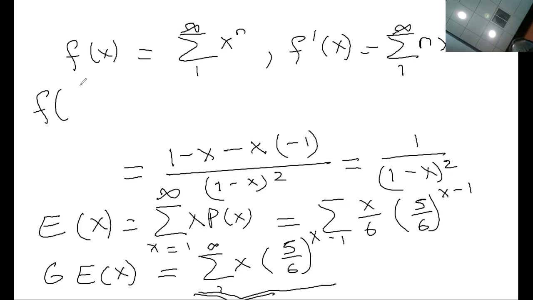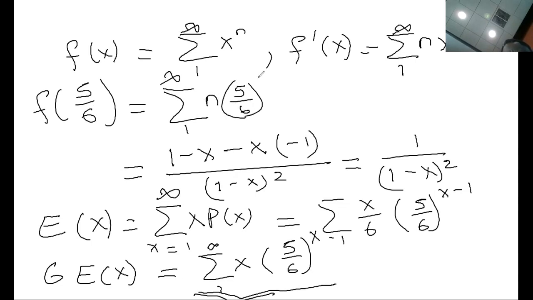So f prime of 5 over 6 is equal to the sum from 1 to infinity of n times 5 over 6 to the n minus 1. Do we agree with what I'm writing here? F of x equals this, f prime of x equals that, so f prime of 5 over 6 equals this. Can we say that?